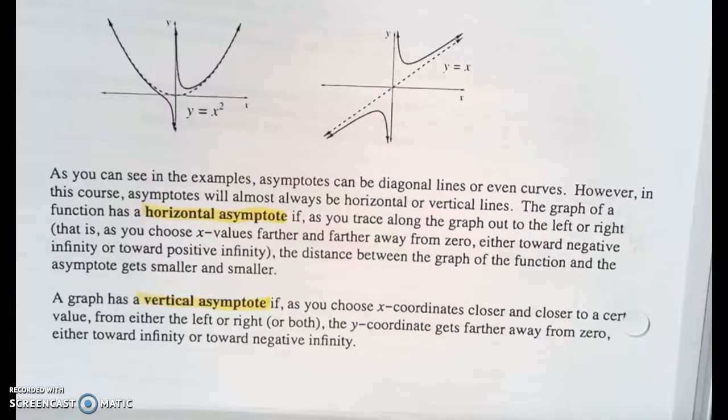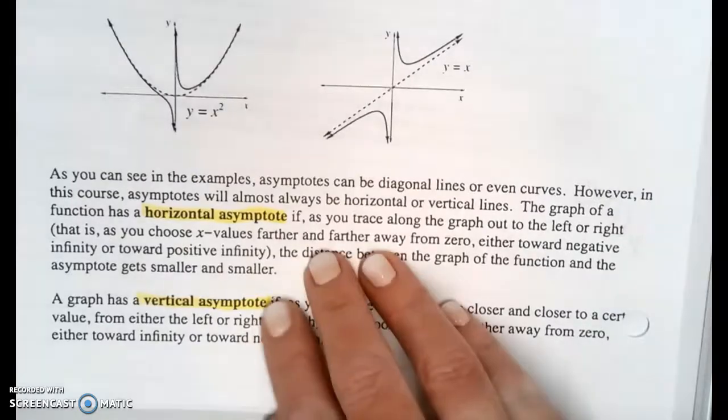A graph with a vertical asymptote: as you choose x coordinates closer and closer to a certain value from either the left or right or both, the y coordinate gets farther away from 0, either towards infinity or towards negative infinity.